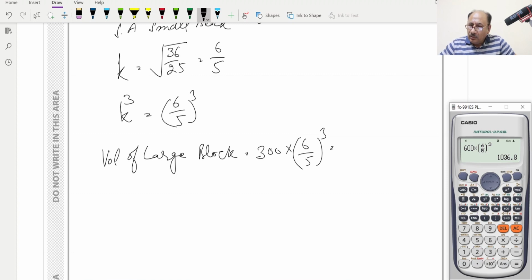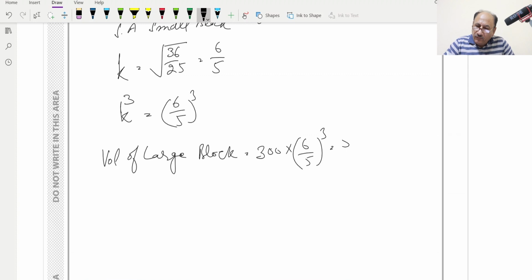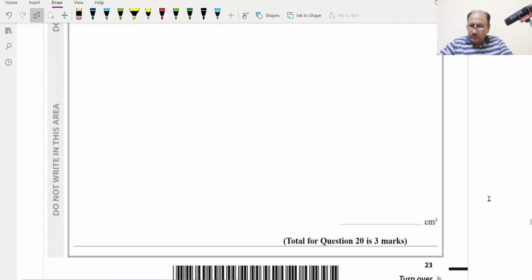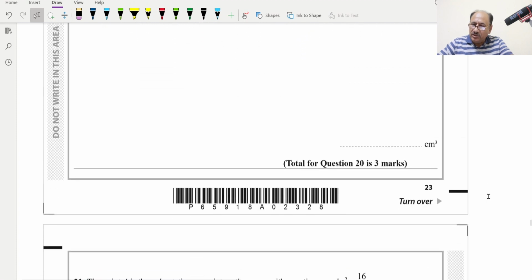Basically it's not 600, it's 300. I don't know why I took 600 over here. This should be 300, and the answer is 518.4. This will be the volume, so centimeter cubed, and this is the answer which we can mention.